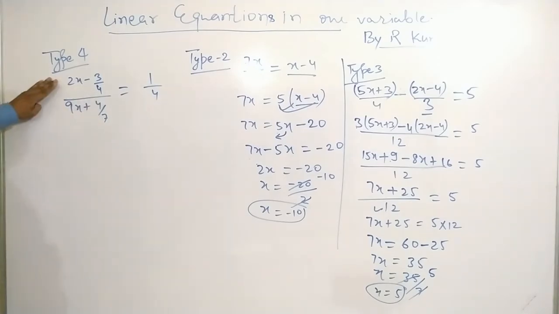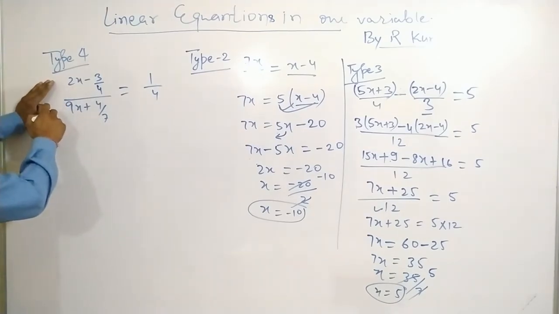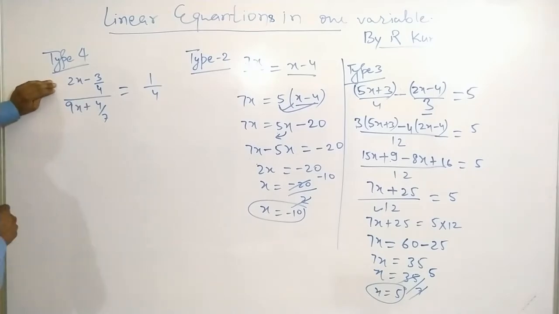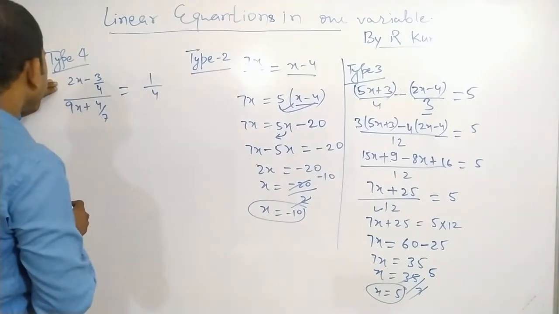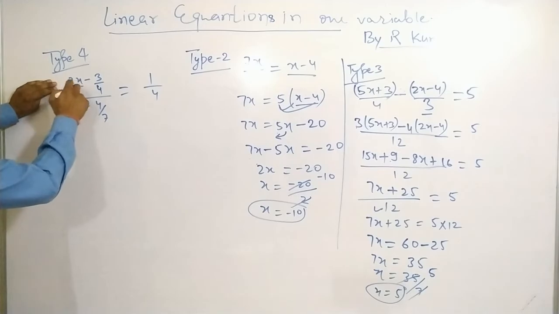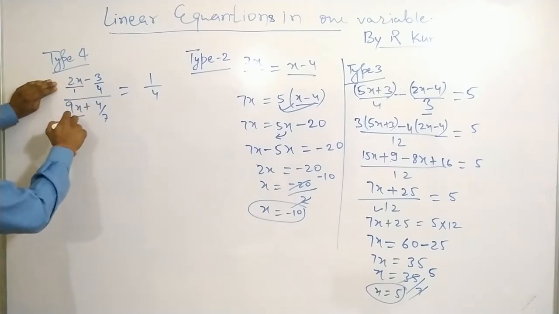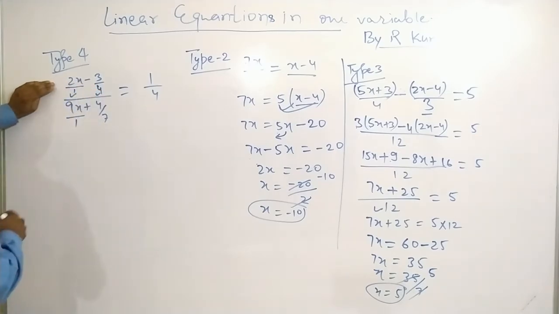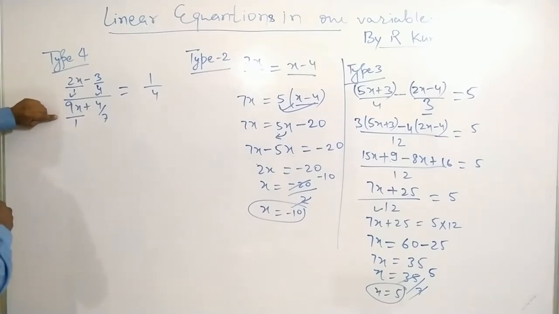On this side you can see this LHS is not in its simplified form. You need to simplify it first. Okay, and for this what you do, take the LCM of 1 and 4. That means you will do the work for the numerator first, after that you will do the work for the denominator.